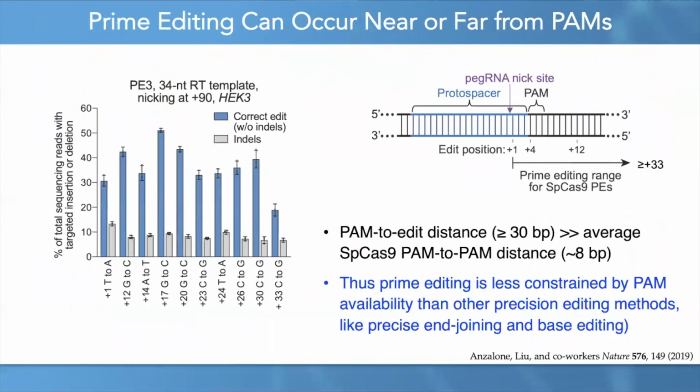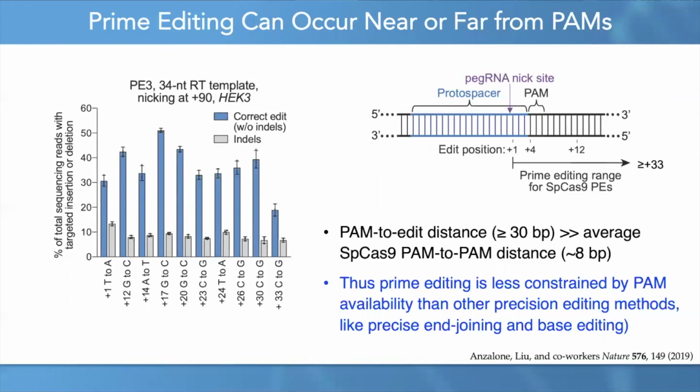Traditionally, one of the primary constraints of CRISPR-based genome editing methods has been the availability of PAMs near a target of interest. If a target of interest existed in a section of the genome with few compatible PAMs, it would be difficult or impossible to edit.